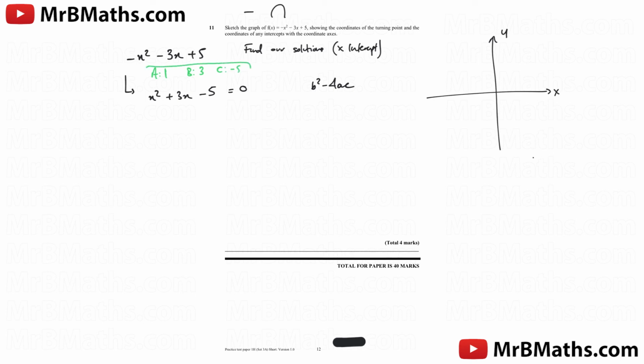We'll just put that in a box there. And if we just fill this in quickly, b squared would be 3 squared minus 4 times a times c. So this would be 9 minus 4 times 1 is 4, and 4 times negative 5 is negative 20, so we're going to have 29.